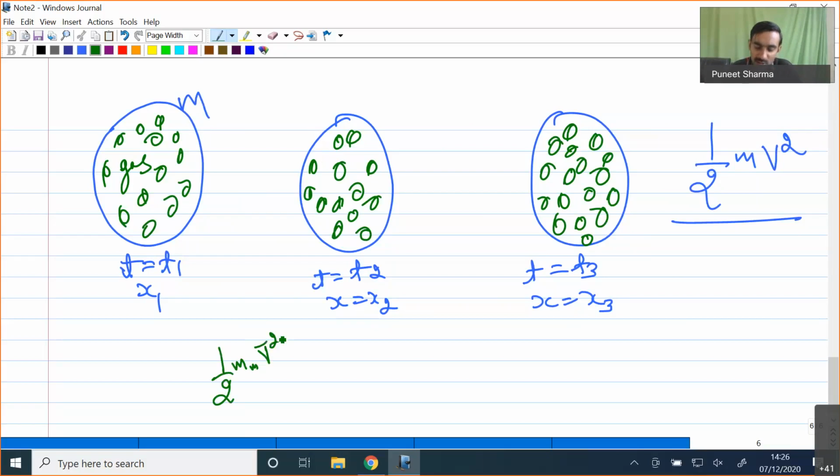Okay, so these molecules are also possessing a certain amount of molecular kinetic energy, and whatever molecular kinetic energies we are having, this is nothing but giving rise to the internal energy of the system. Now let us consider that in my three different situations, at first point my temperature of the container is T1, second time also temperature is same, T2 equal to T1, and third time also T3 equal to T1.